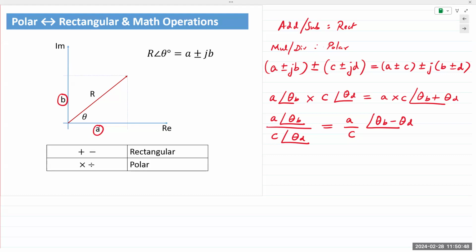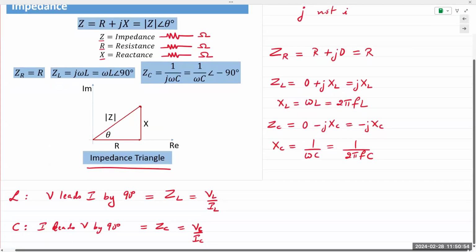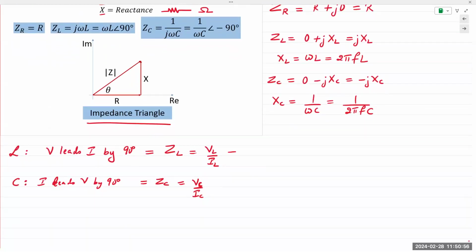Okay, so now if we go back to the impedance equation, VL over IL, what do we see? For an inductor, the phase angle of that impedance would be theta V minus theta I, the phase of the voltage minus the phase of the current, which would be plus 90 because the voltage is ahead of the current.